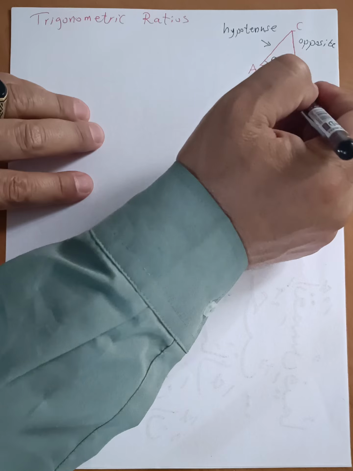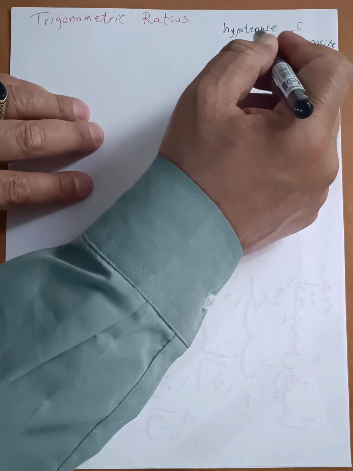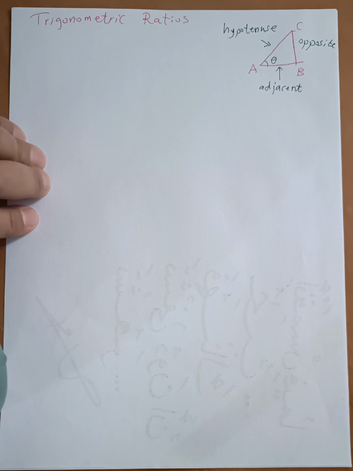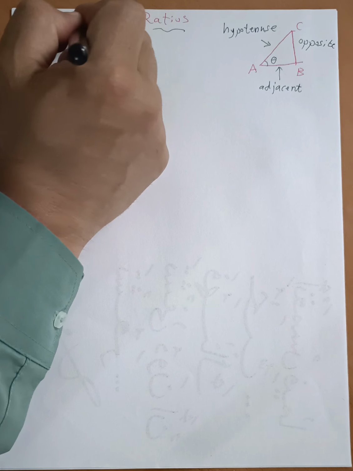Opposite, المقابل. Adjacent, المجاور. Hypotenuse, الوتر. What do I mean by the trigonometric ratios? Look at this ratio.